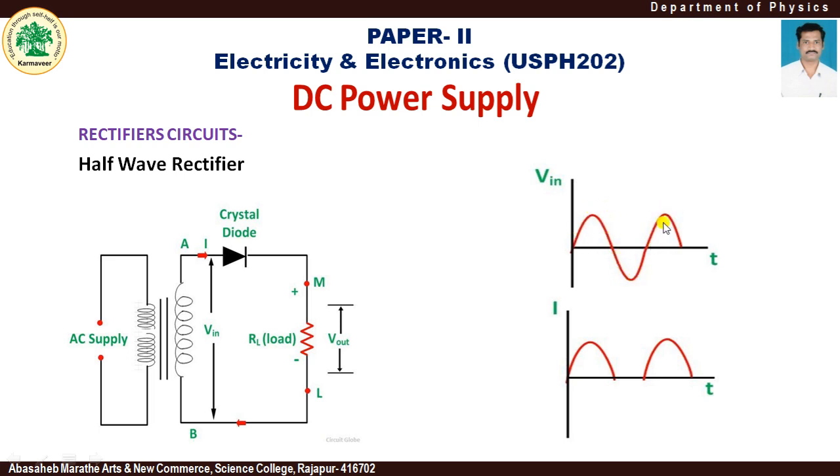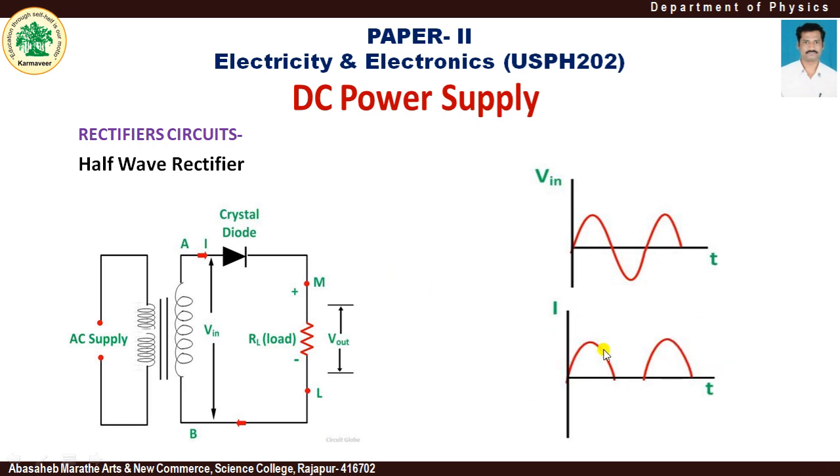The amplitude of this input voltage changes with respect to time. At this point the amplitude is positively high, whereas at this point the amplitude is low but on the negative side.